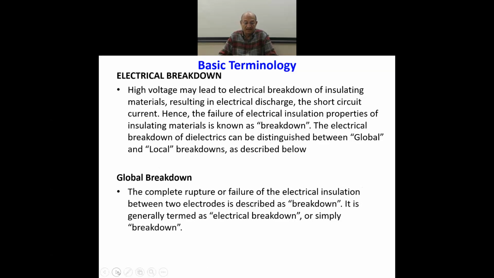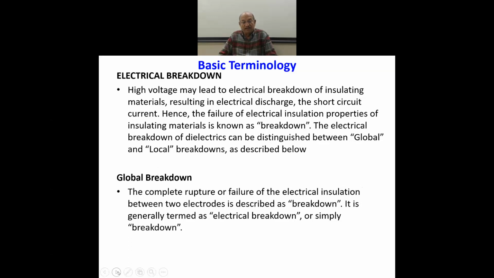What is the charging current? The charging current actually flows through the capacitor, and the capacitor is built out of insulating material. So there is always some current to charge the capacitor, and it flows continuously. So there is always some minimal conduction of current through the insulating material.